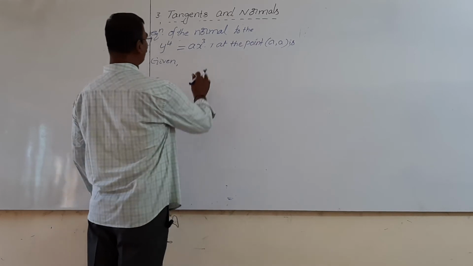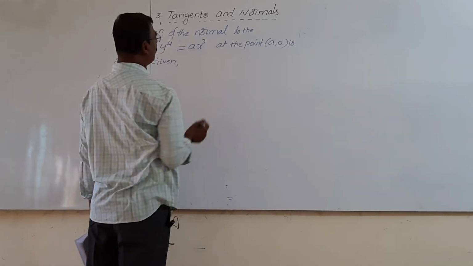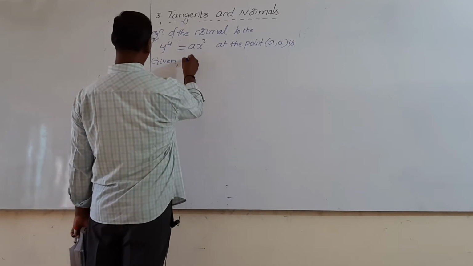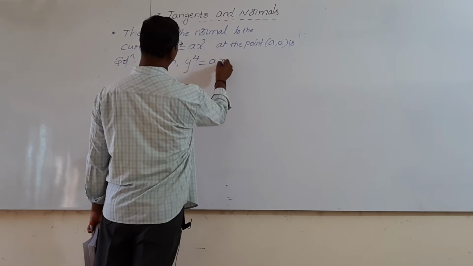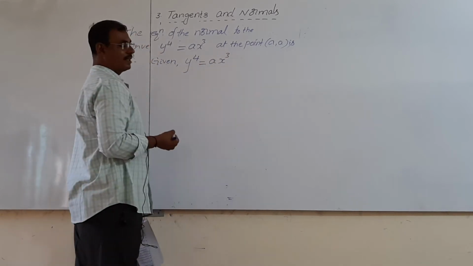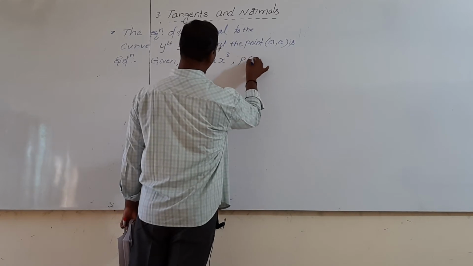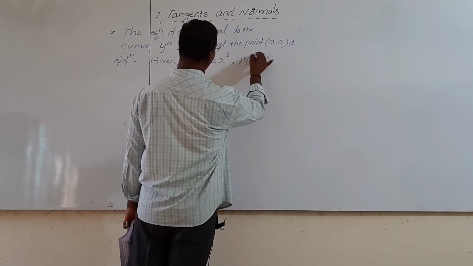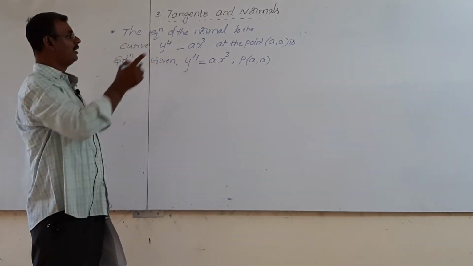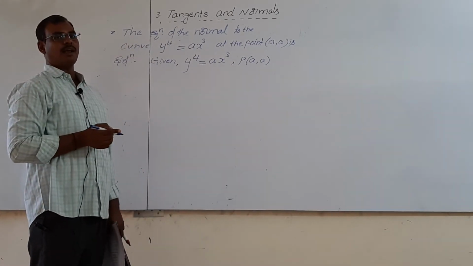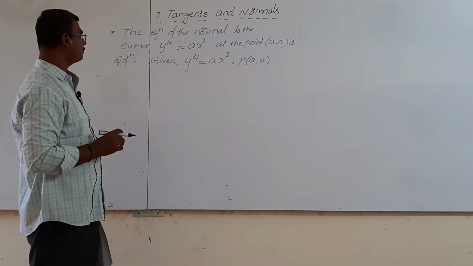The given curve is y raised to 4 is equal to a into x raised to 3. Consider the point as P(a, a), x1, y1, remember this. Always keep it in your mind, no need to write x1, y1 is equal to a, a.